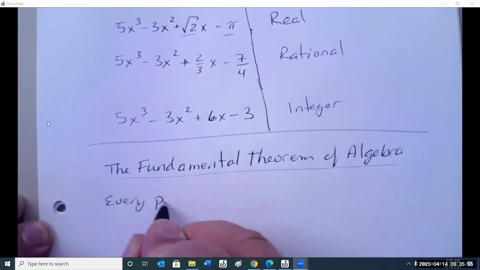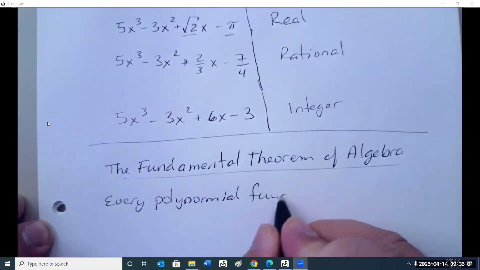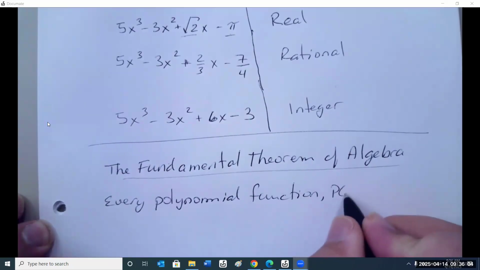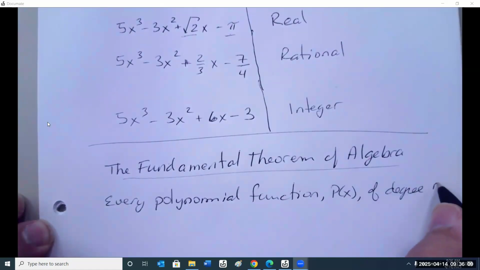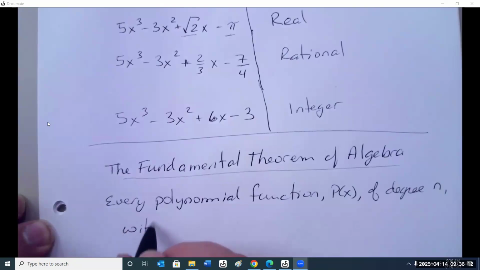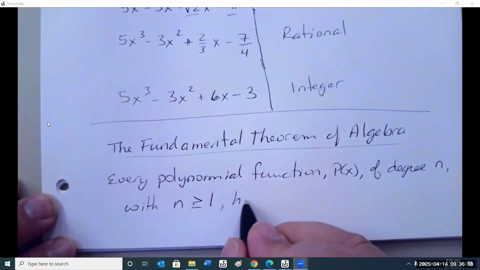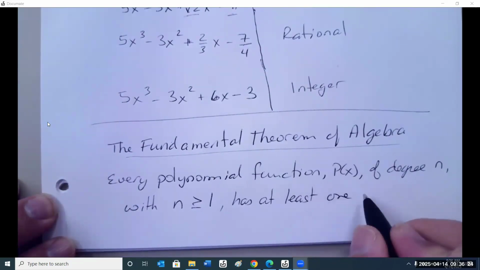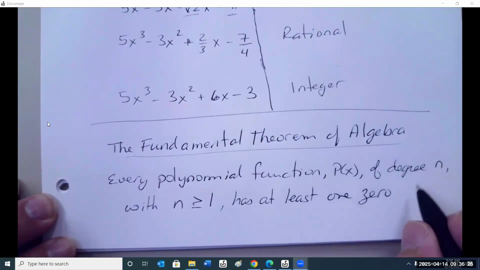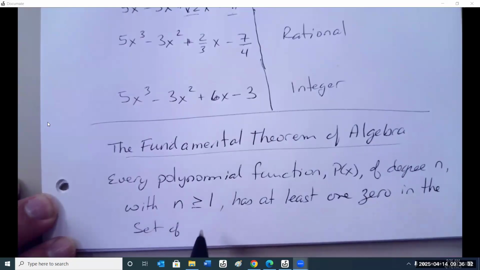It says every polynomial function p of x of degree n, with n being greater than or equal to 1, has at least one zero in the set of complex numbers.